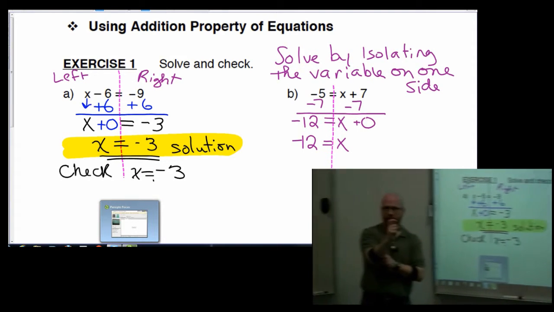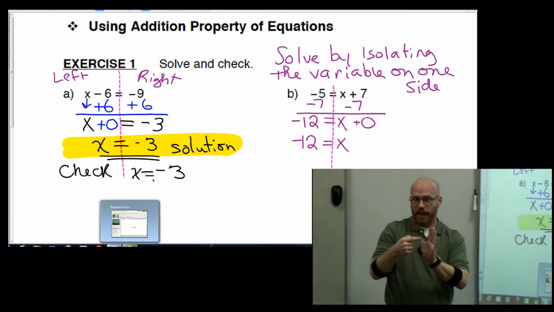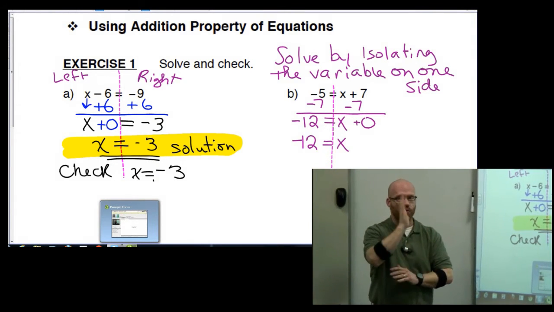Again, we would replace x with negative 12 and show that negative 5 will equal negative 5.